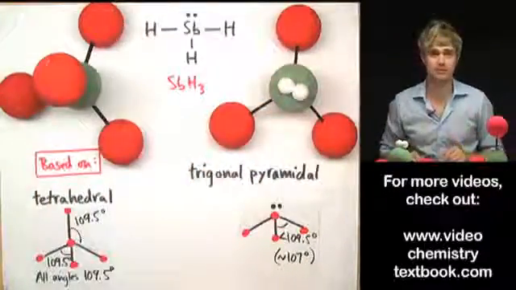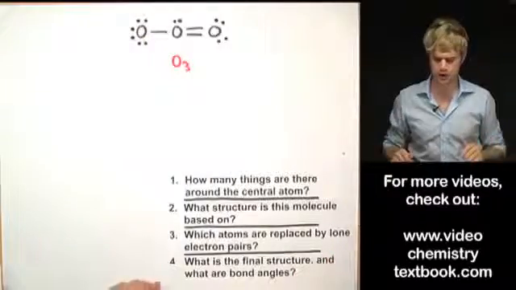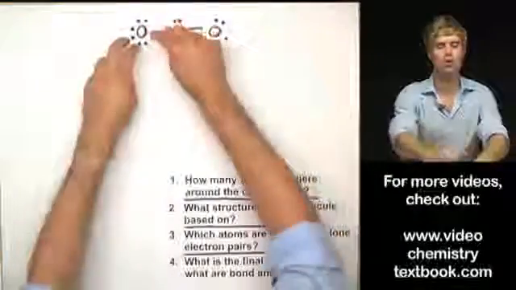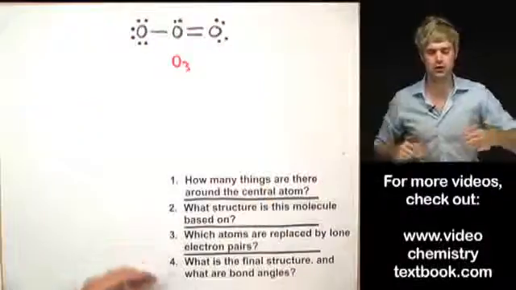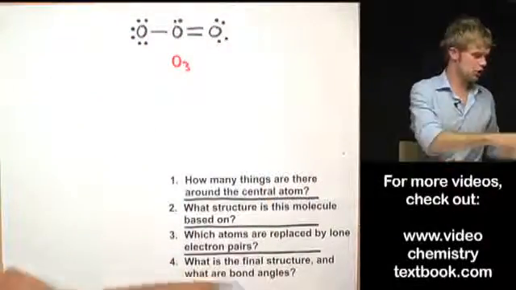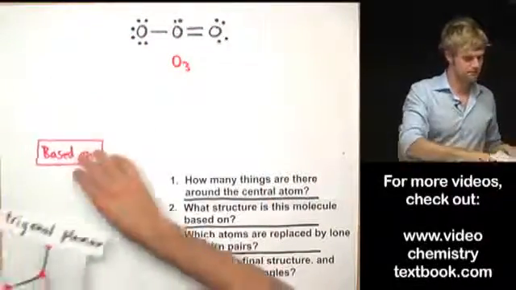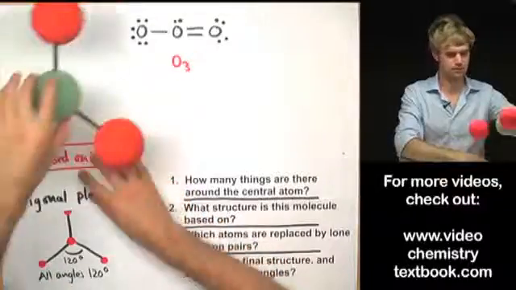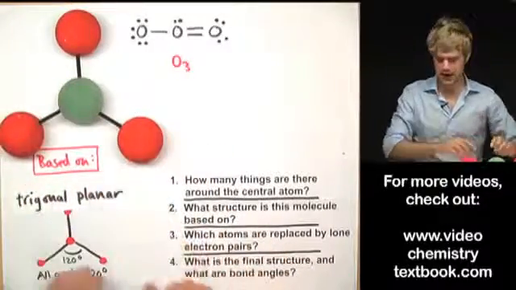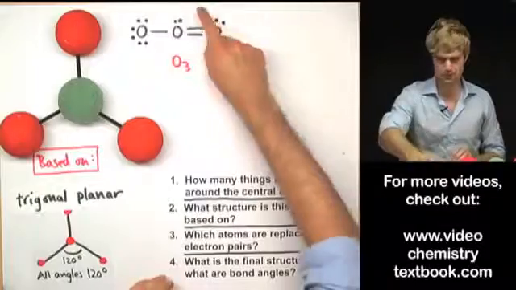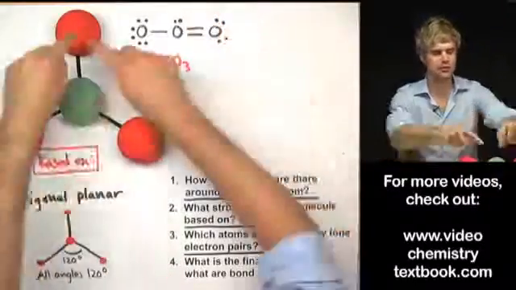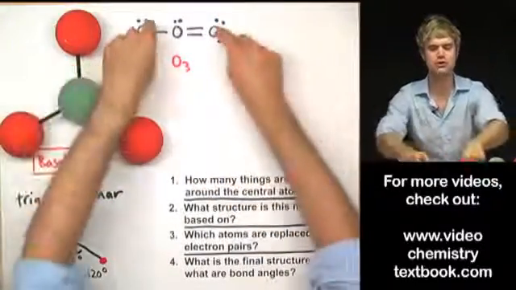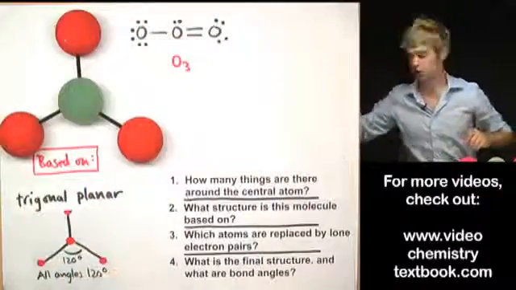O3, which is ozone. How many things are around the central atom? 1, 2 bonds, and 1 lone electron pair. 3 things total, which means that this is going to be based on a trigonal planar shape. Here it is. How many things are replaced by lone electron pairs? Well, instead of having 3 atoms, as in the trigonal planar shape, we're going to have 2 atoms and 1 lone electron pair.